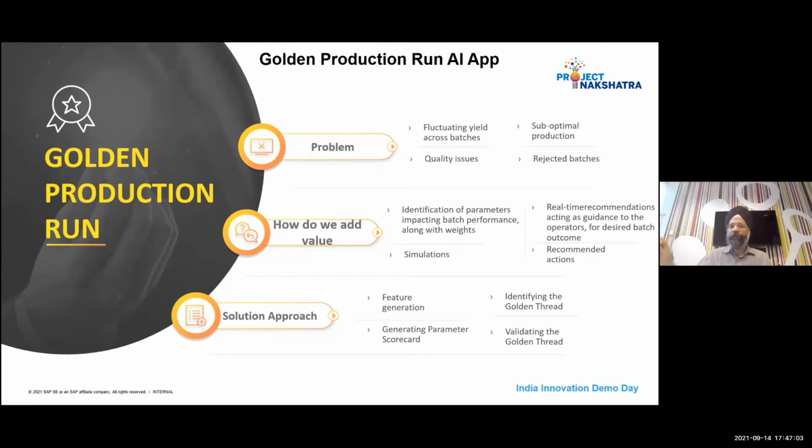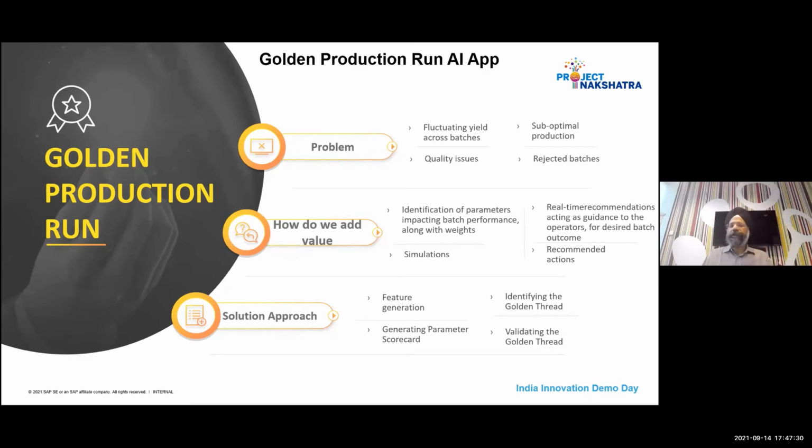Because of this, you have different yields coming into the process. The same chemical process might give you a 70% yield at one point of time, maybe 65% the next day, and 75% the day after. So how do you compensate and get the same 75% yield at every point of time?